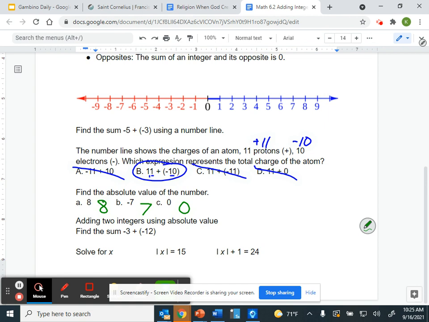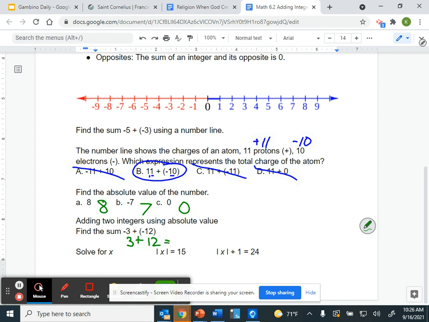Adding two integers using absolute value. So find the sum of -3 plus -12. So using that absolute value, the absolute value of -3 is 3. The absolute value of -12 is 12. We're going to add that together.